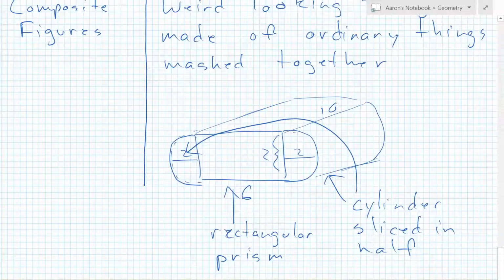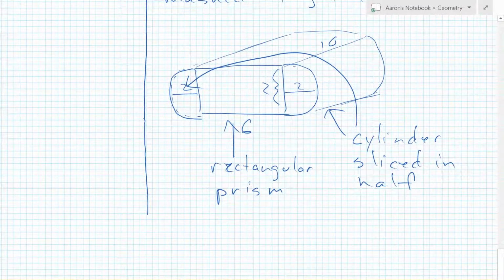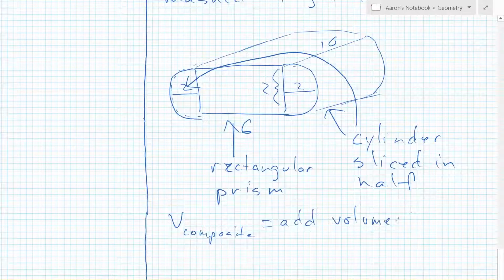Pretty straightforward. So, to find the volume of a composite figure, you just add the volumes of the component figures. Now, the component figures are just the bits and pieces of which the composite figure is made up.